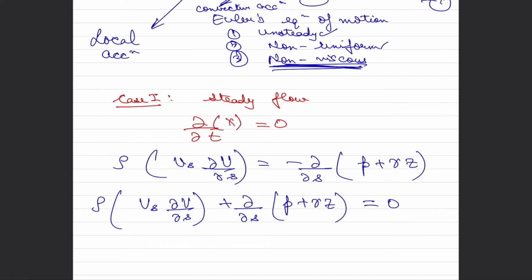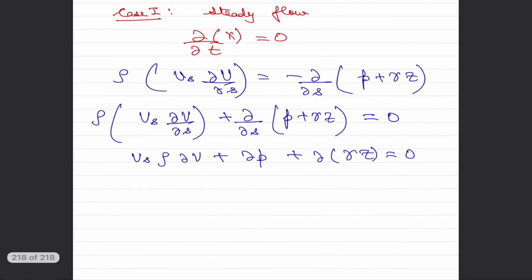And if we take the integral on both sides, or rather multiply both sides by del s, our term would become v_s rho del v plus del p plus del of gamma z, and this is equal to 0.